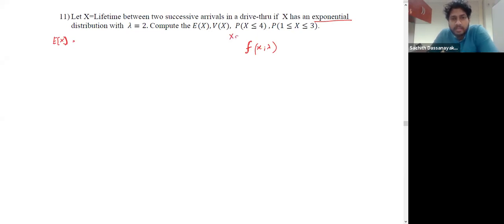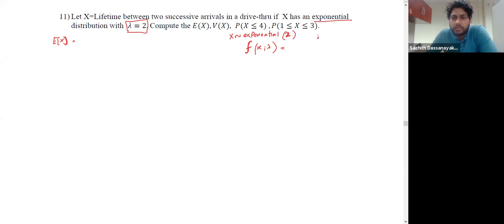X has an exponential distribution with parameter lambda. This is the parameter for the exponential distribution. So it is 2.